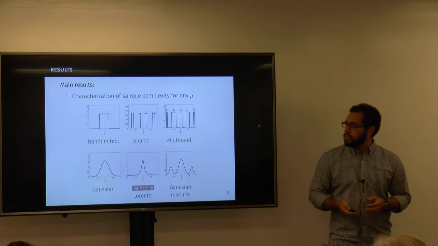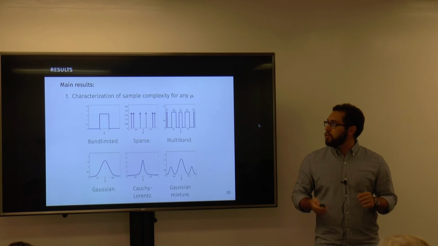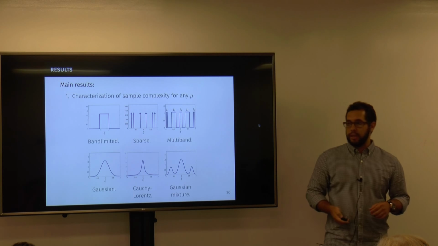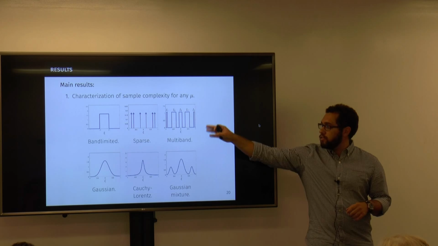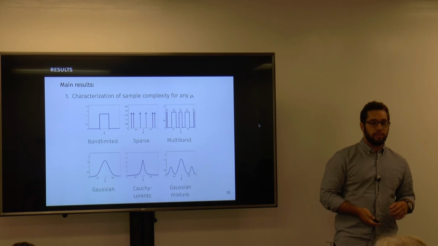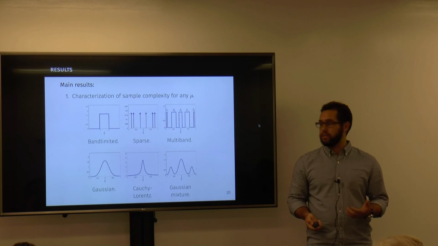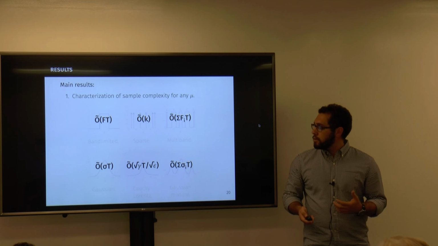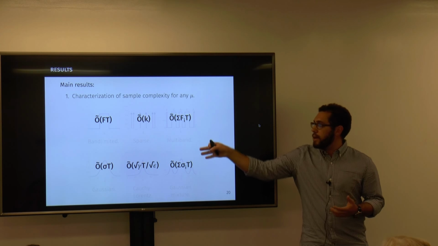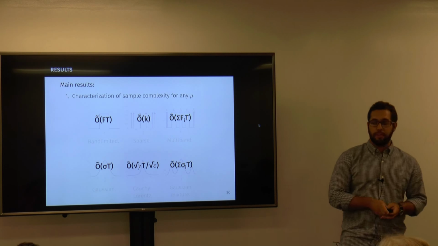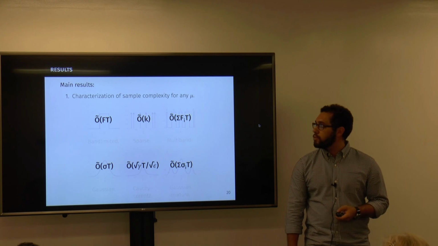In particular, we can show that there's a very simple complexity measure that measures how many samples you need to reconstruct functions under these priors. It matches up with the expected sample complexity of all of these problems.